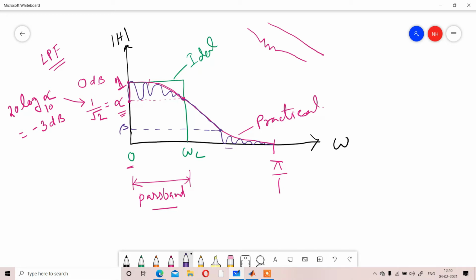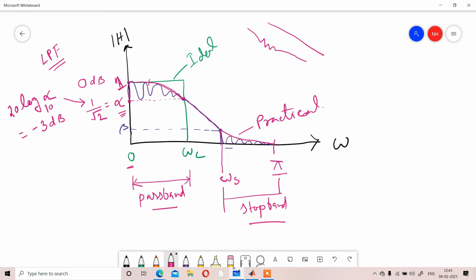Up to that beta we are going to allow, because after beta we get the up and down changes, or ripples. Up to beta we can allow, after beta we should not allow. That portion will be strictly stopped. So this is called omega s, and this is called the stop band.